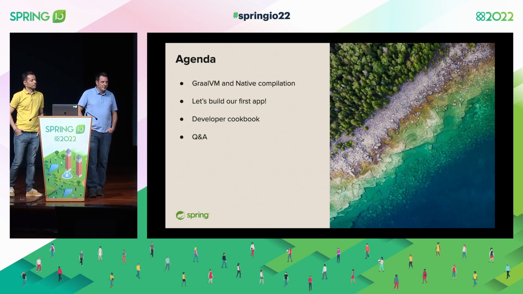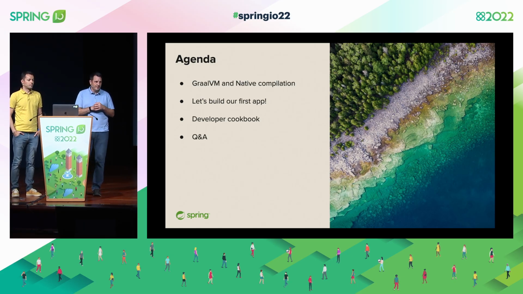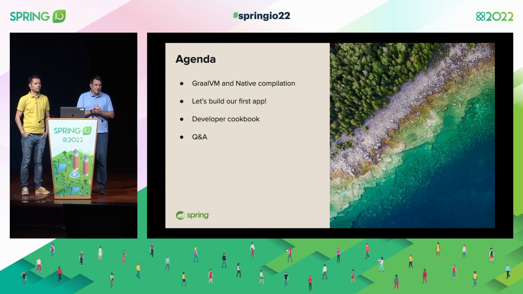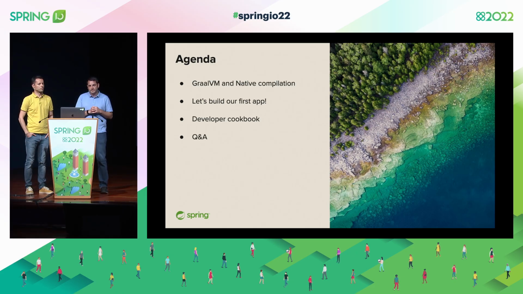All right, so a bit of an agenda. We will start by explaining the basic concept of what GraalVM is and what native compilation actually does. This will be relatively independent of Spring, so that the base concepts are up to speed. Then we will build our first native application, which will be a follow-up of what you've been seeing at the keynote.